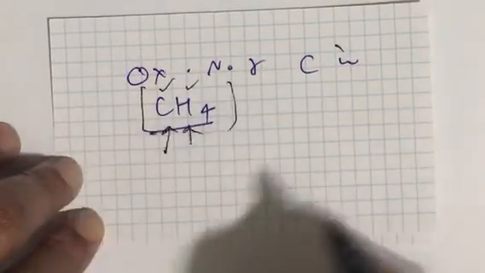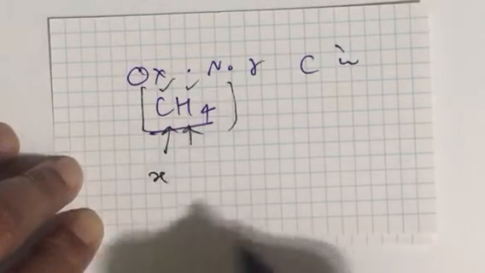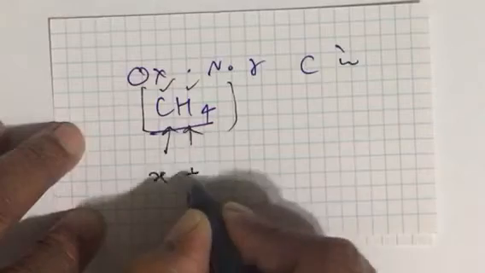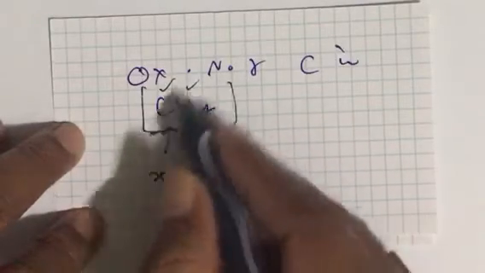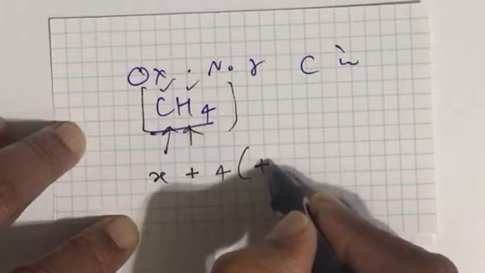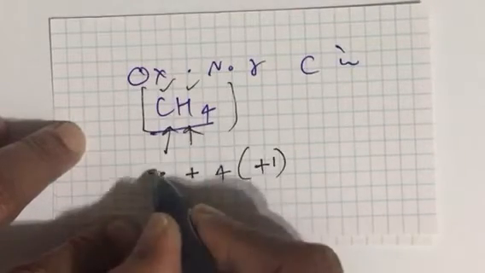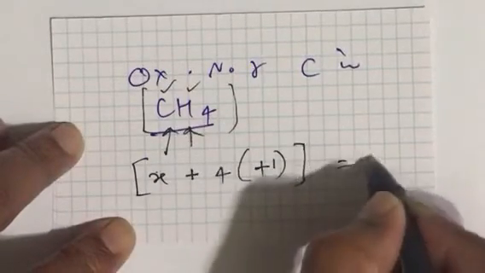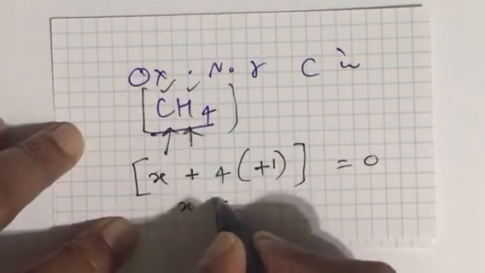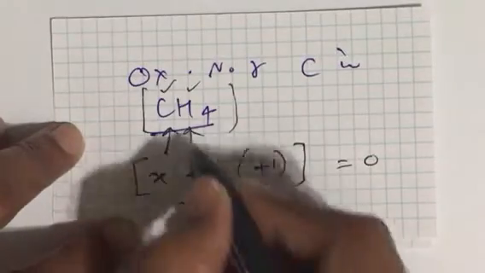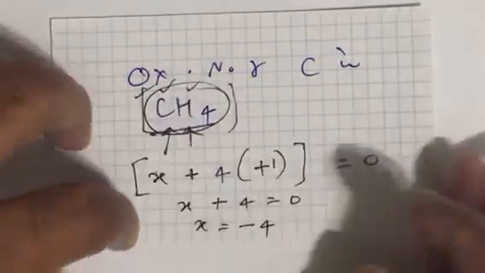Therefore, you don't know the oxidation number of carbon. Let us say oxidation number of carbon is X, and there are 4 hydrogens. You know hydrogen is always plus 1. Therefore, 4 times plus 1 plus X, that is the sum of the oxidation numbers of all atoms, is 0. So X plus 4 is equal to 0. It means X is equal to minus 4. In methane, carbon is minus 4.